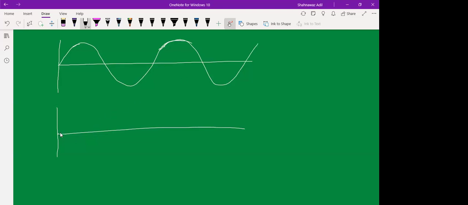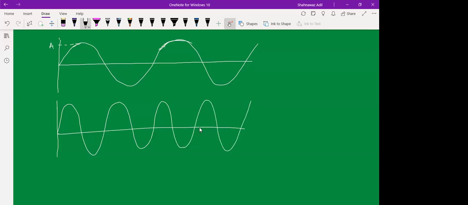Let's say this is A. At the same height, we have another wave. So these are the two waves, and you can see that both have the same height.